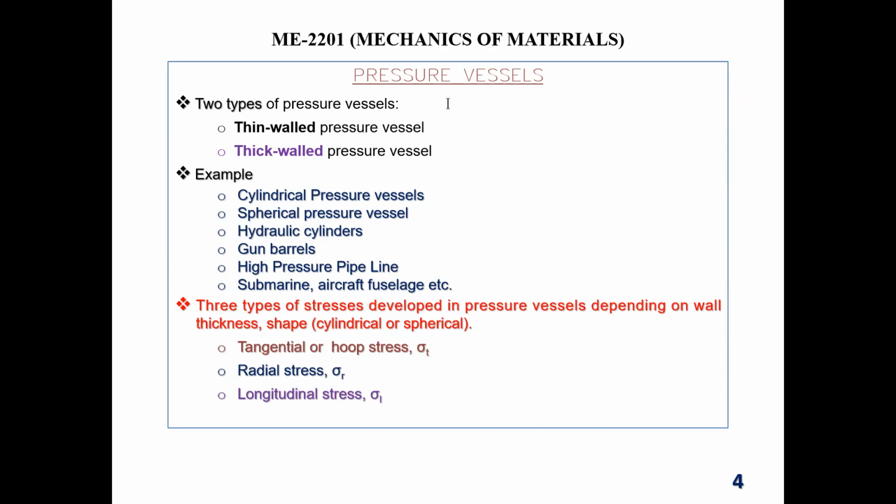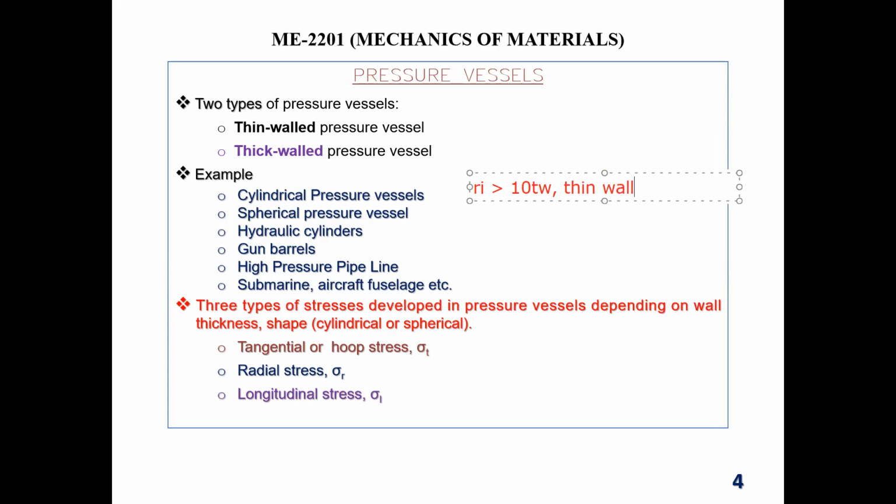that if the internal radius Ri of the pressure vessel is greater than 10 T, T is the wall thickness, then this is called thin wall pressure vessel.